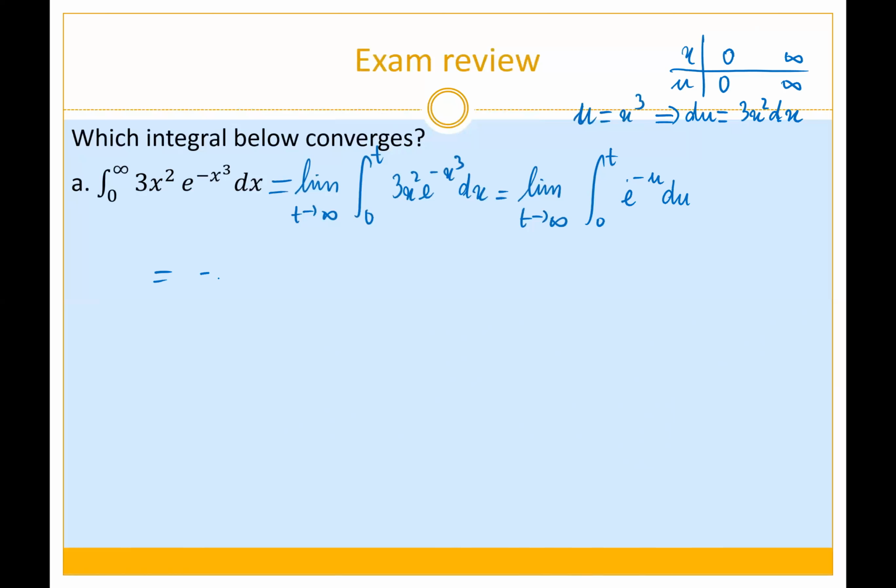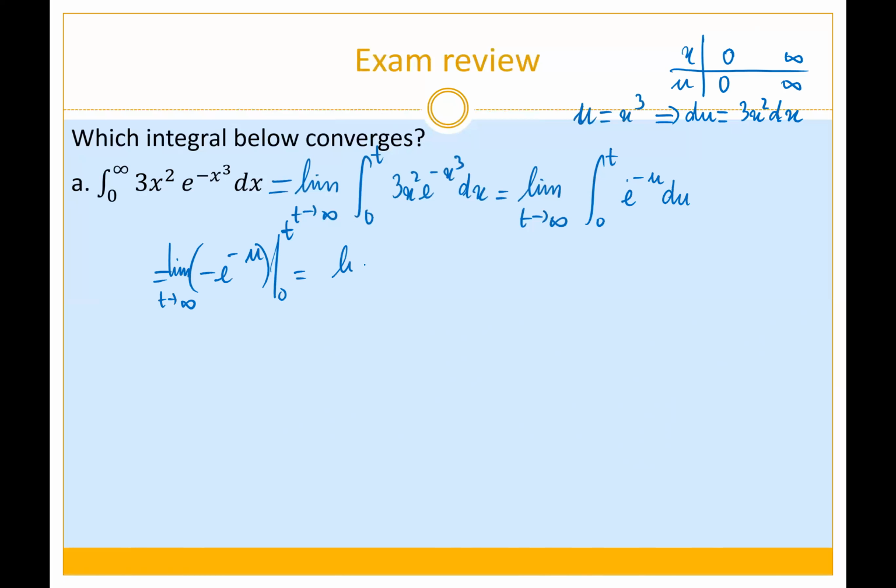Now after that, when you take the integral you have negative e to the negative u, from 0 to t. Oh yeah, I forgot the limit as t approaches infinity.